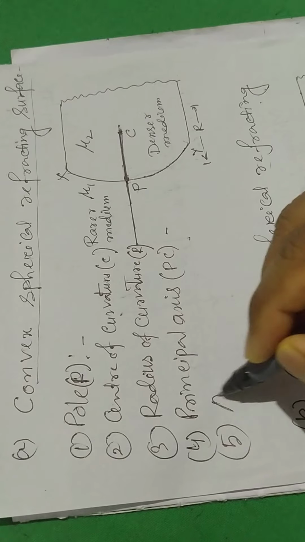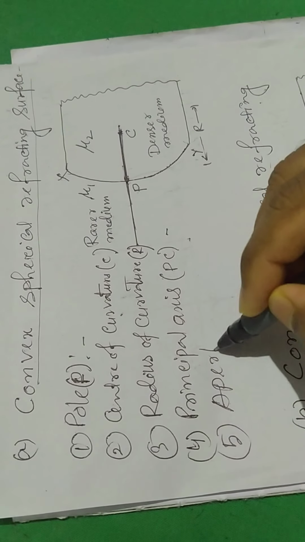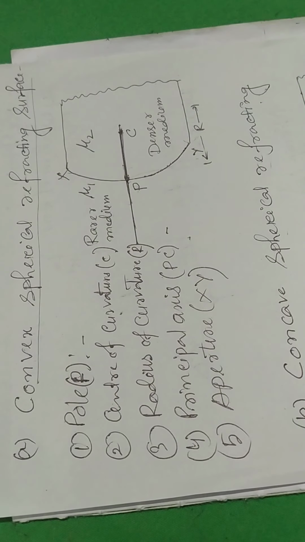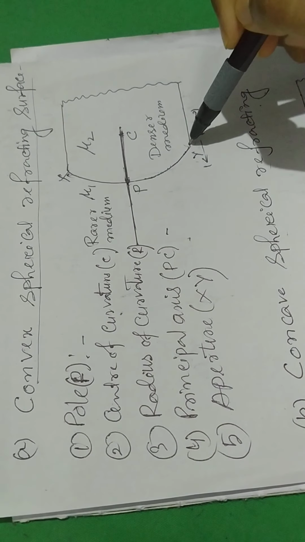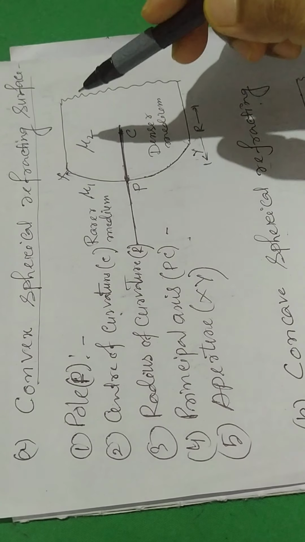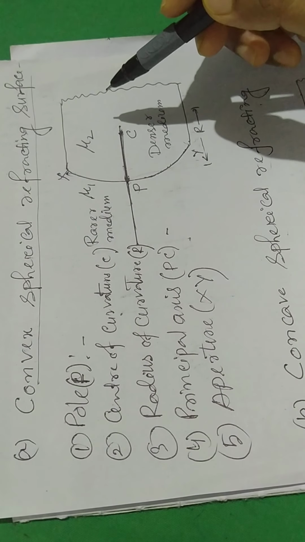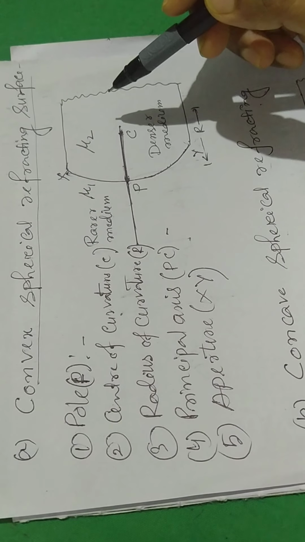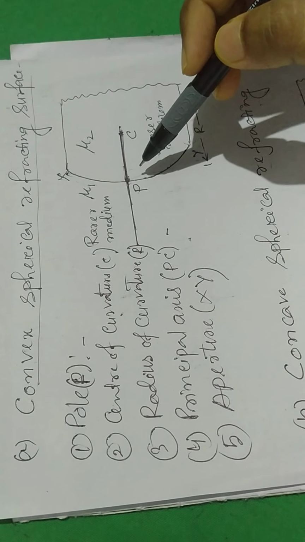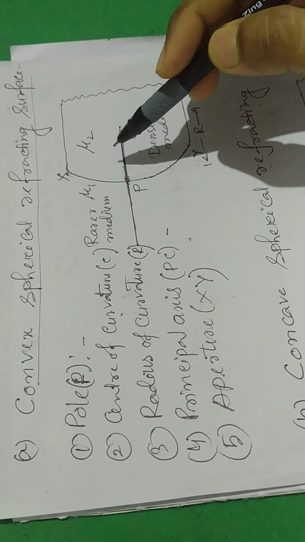Number 5, aperture. xy is the aperture. It is the effective diameter of the refracting spherical surface where the incident light is exposed.